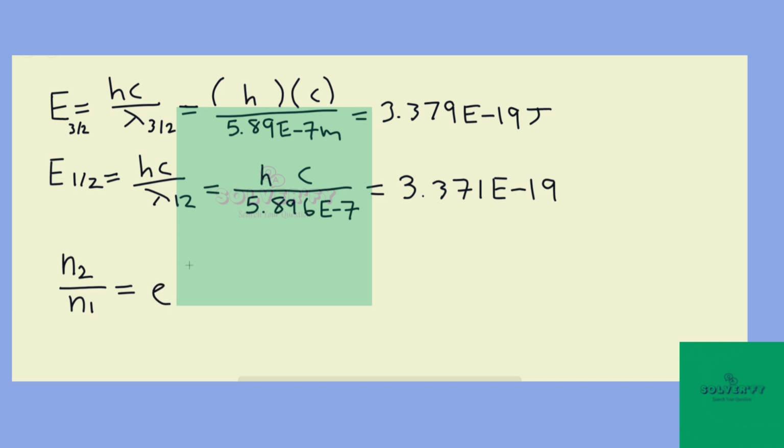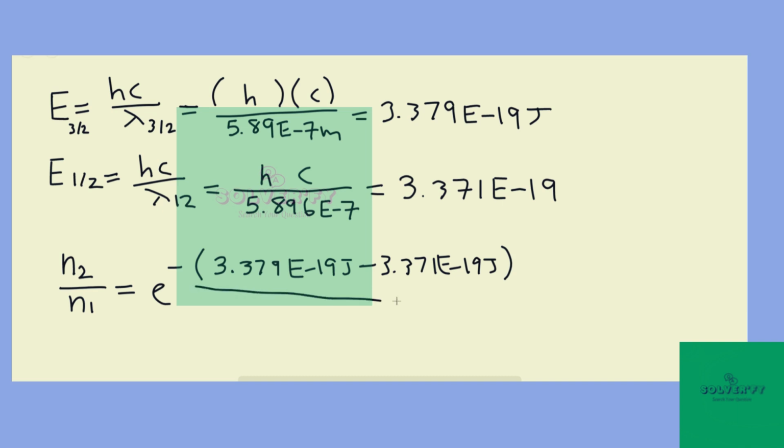So we'd have e to the negative first energy minus second energy, so 3.379 E -19 minus the result for 1/2, 3.371 E -19. And we need to divide this all by kT, where k is the Boltzmann constant. So we need to use the Boltzmann constant and the temperature.